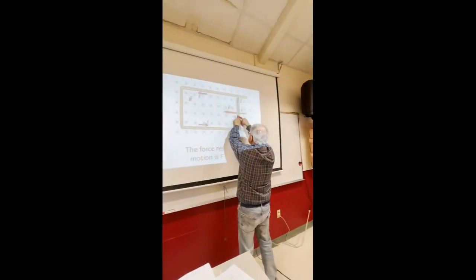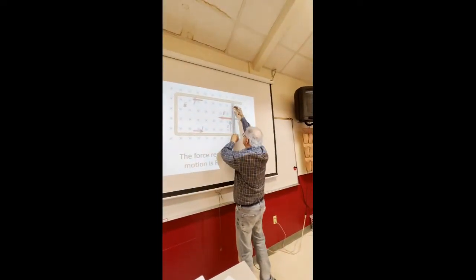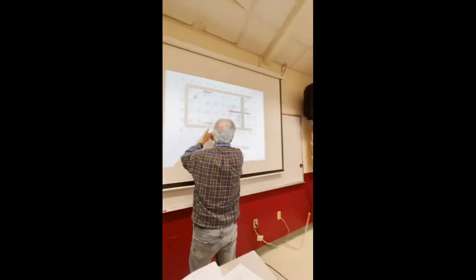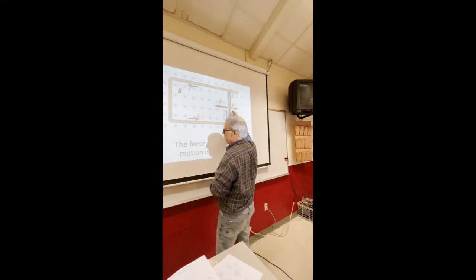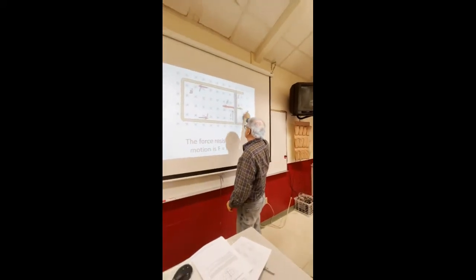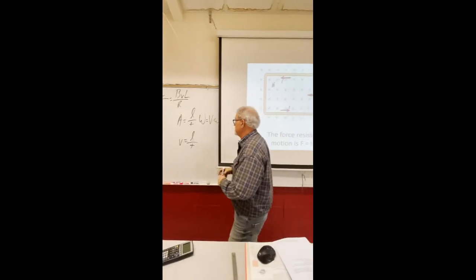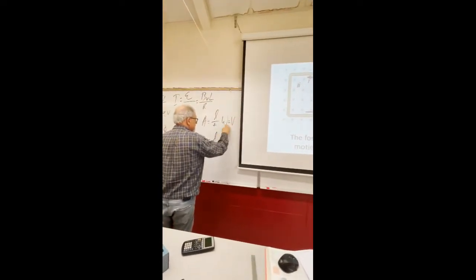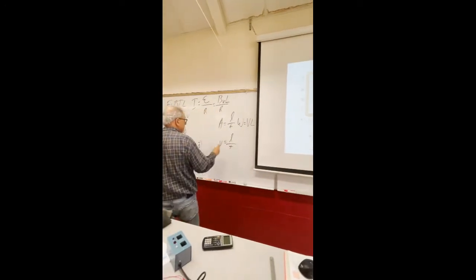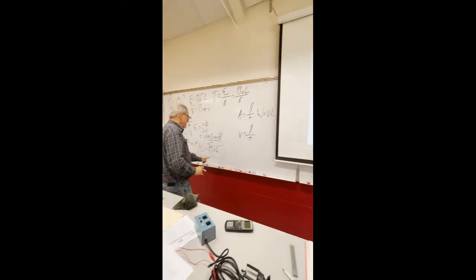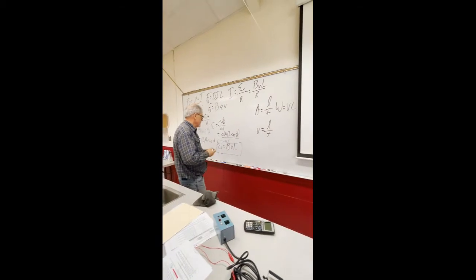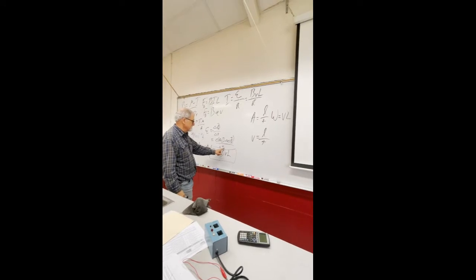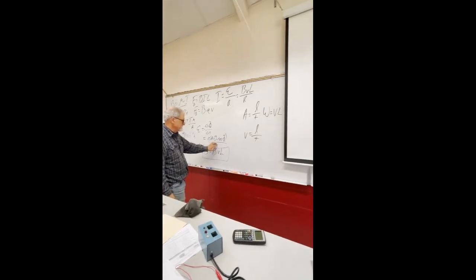So here's the length, and here's the width. The area is length times width, and the velocity is length over time, distance over time. So this is V L, velocity L. Velocity over time takes care of the time.